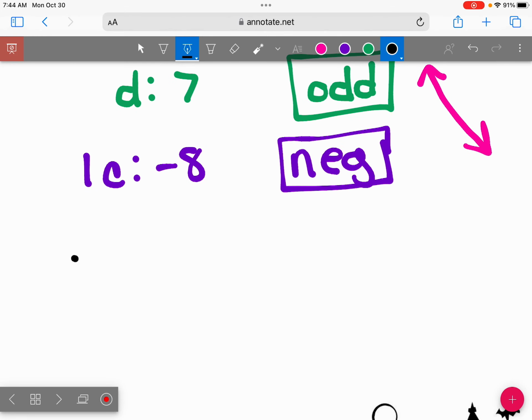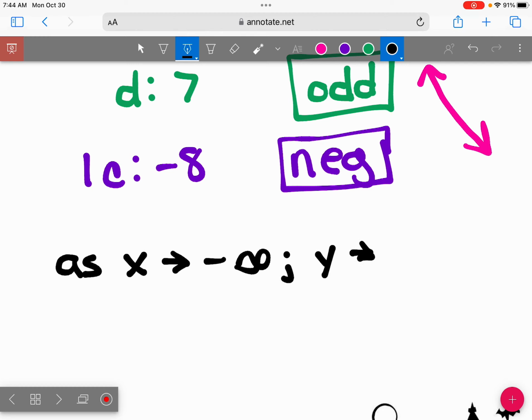So we're going to have as x approaches negative infinity, my y approaches what? Positive. So my left arrow is going up. So as x approaches positive infinity, what's happening to my y? It's going to negative infinity.